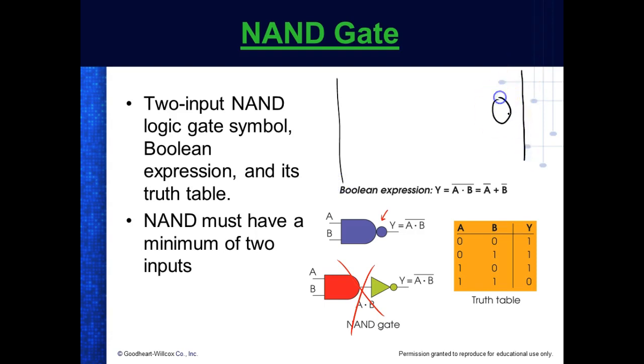Two or more. That's right. The only one that's got a single input is the NOT, and then something that doesn't do any logic. Okay, guys, when all the inputs are true.